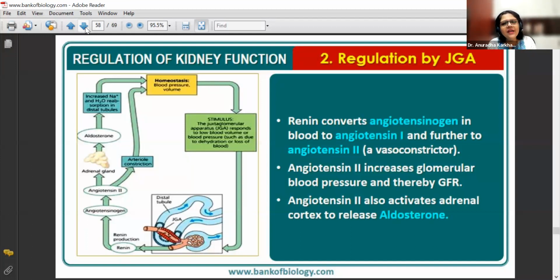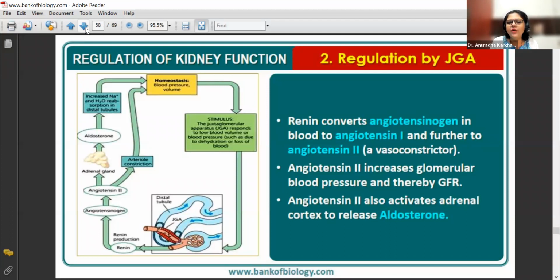Angiotensin 1 will then get converted into angiotensin 2. Angiotensin 2 will then start constricting the blood vessels, thereby increasing the flow. GFR full form just now I said, beta, glomerular filtration rate. Okay.